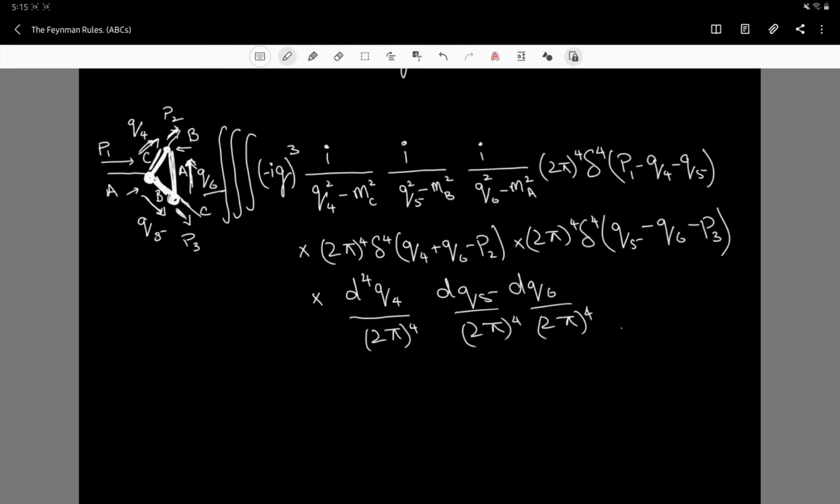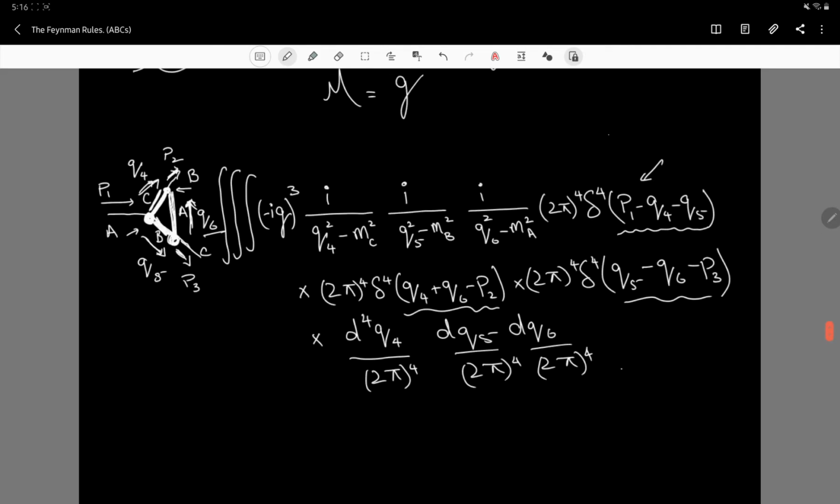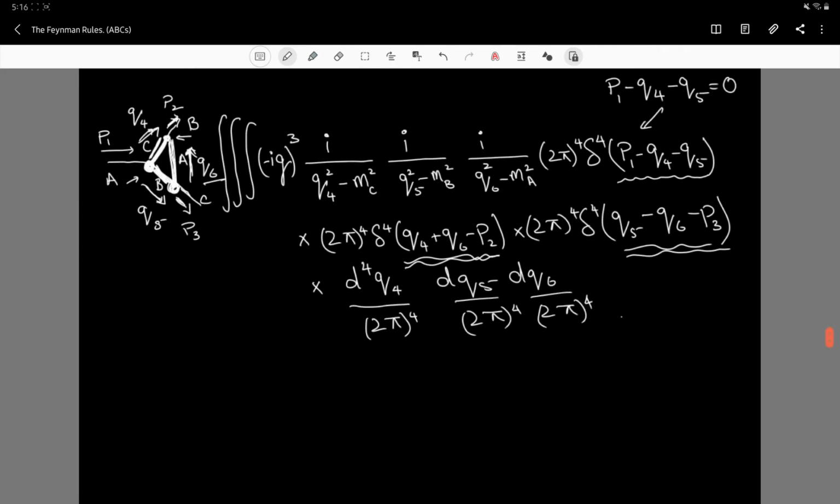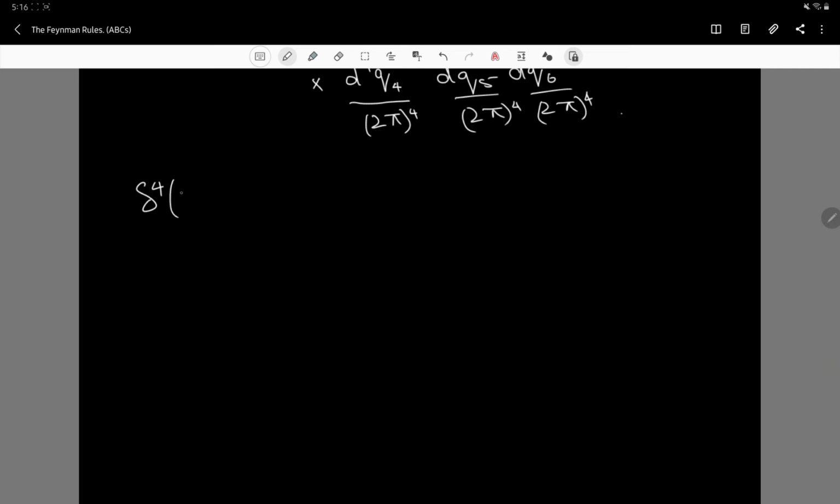We have to constrain the momenta using the conservation of momentum. This delta, for example, is telling you that this sum should be equal to 0 because the momentum is conserved, and likewise for the other two. So let's use this delta 4 of p1 minus q4 minus q5 to do the q4 integral.